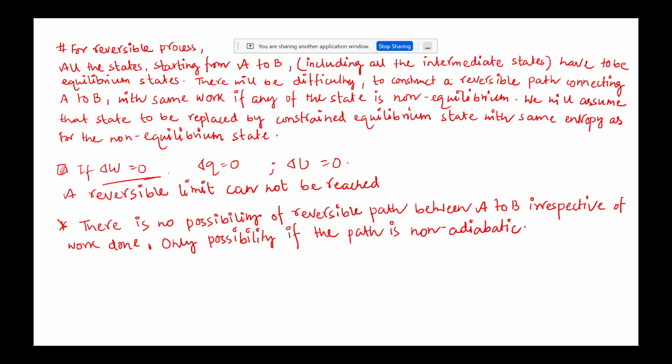So then delta S A to B, as we know, we can construct a path where this is non-adiabatic, so this will be not equal to 0. Now, not equal to 0 is proved. Whether it is positive or negative, we have to justify from another angle.